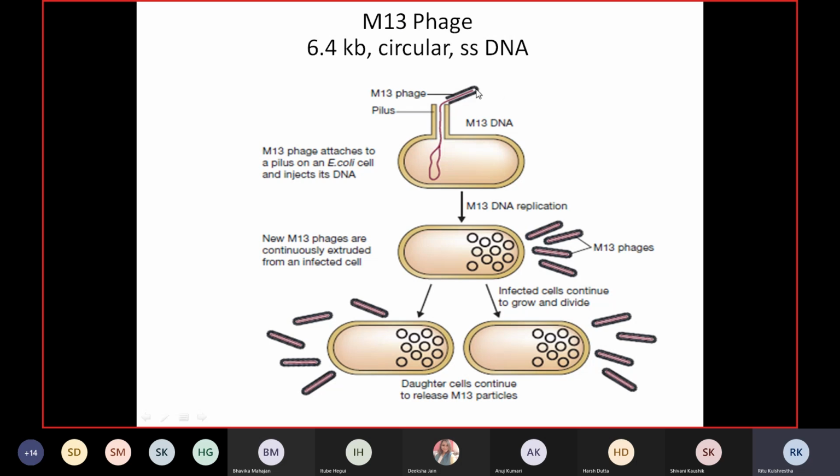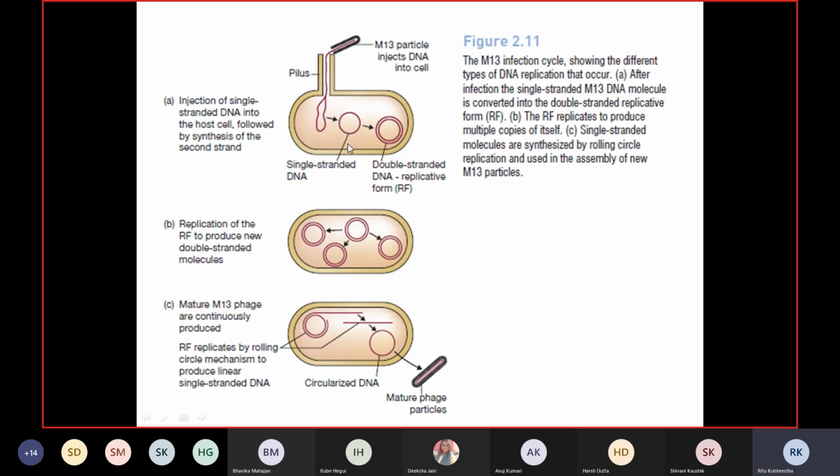In this case, the M13 phage only infects E. coli through the F pilus. It injects its circular DNA inside, and I'll come directly here. Once it injects its DNA, it starts making double-stranded DNA, and this form of DNA is called the replicative form.